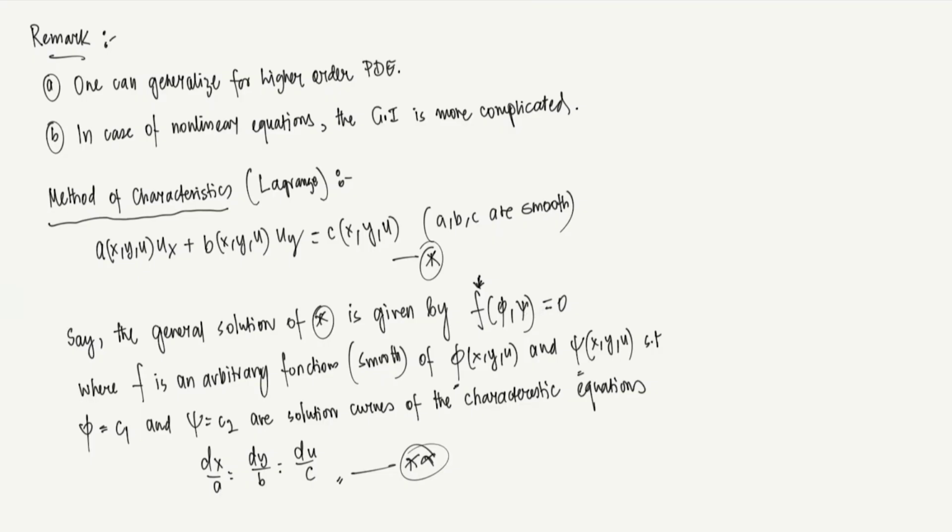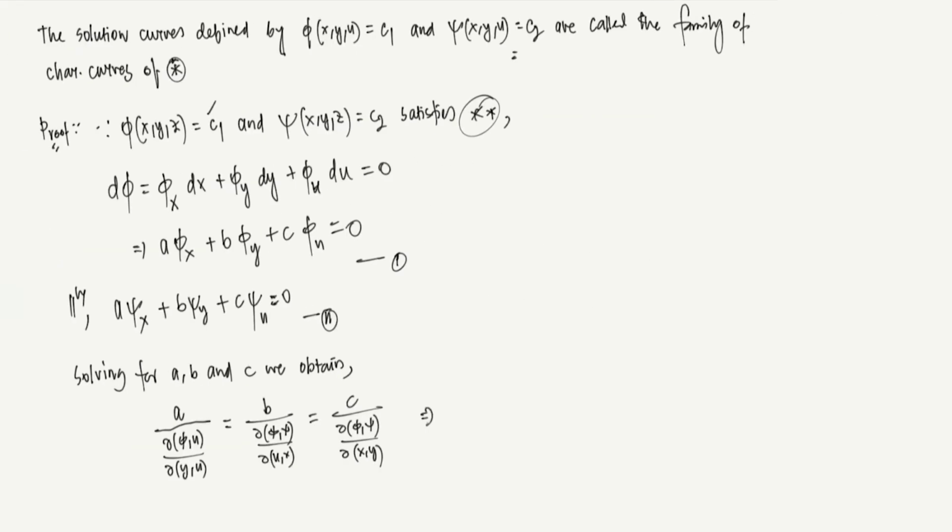So that will imply that p times del phi psi by del y u, one second, I wrote a mistake, this is phi psi, plus q times del phi psi by del ux equals del phi psi by del x comma y.